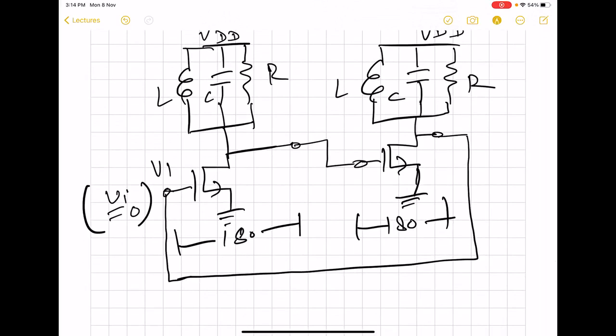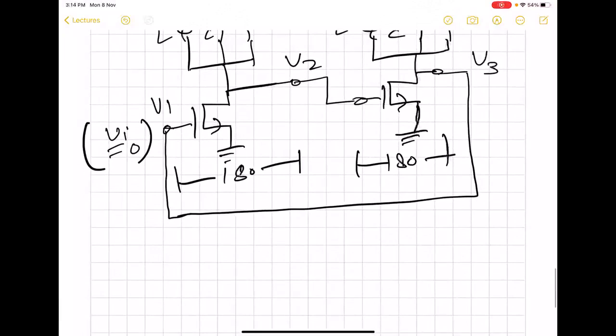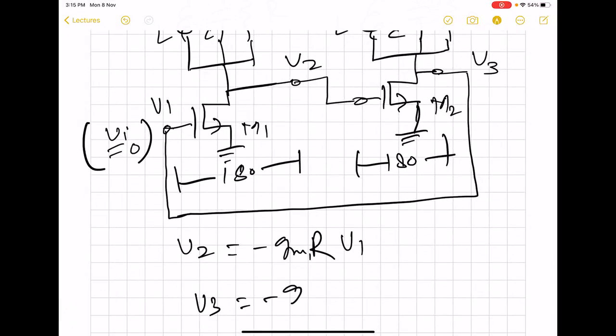phase shift. So first input is V1, first output is V2, and the second output is V3. So here we see that V2 is going to be minus GM1 R, if we say this is M1, this is M2, into V1, and V3 is equal to minus GM2 R V2.